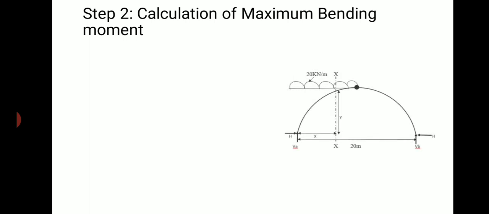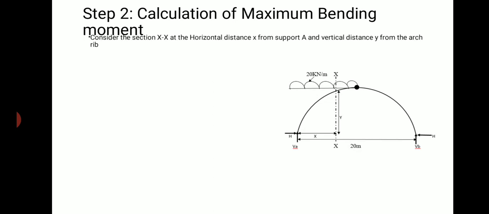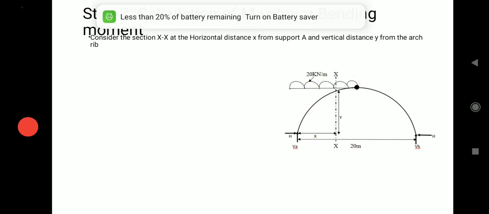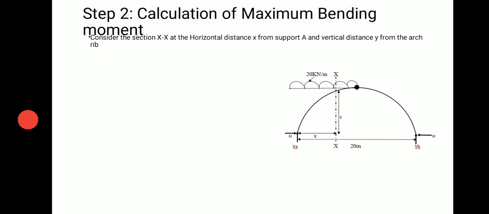For this I have considered a sketch, wherein I am going to consider the XX section. The XX section is at a distance of x from the support A, and it also has a vertical distance y from the arch rib.